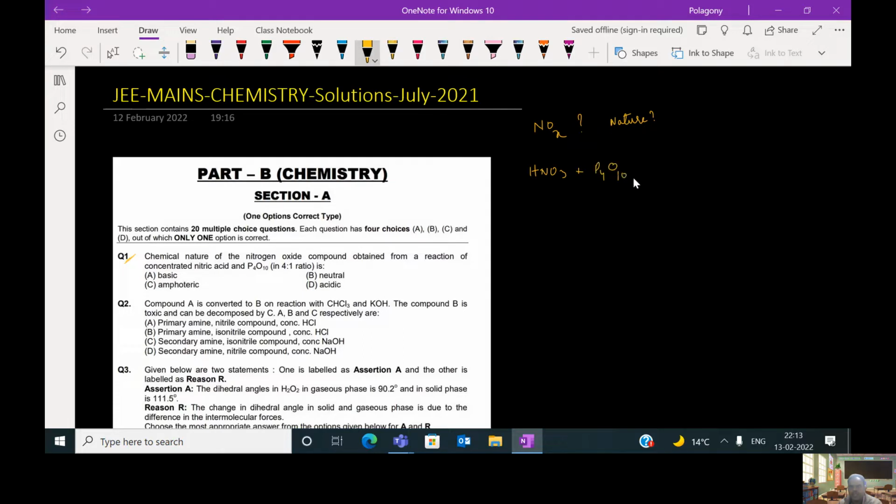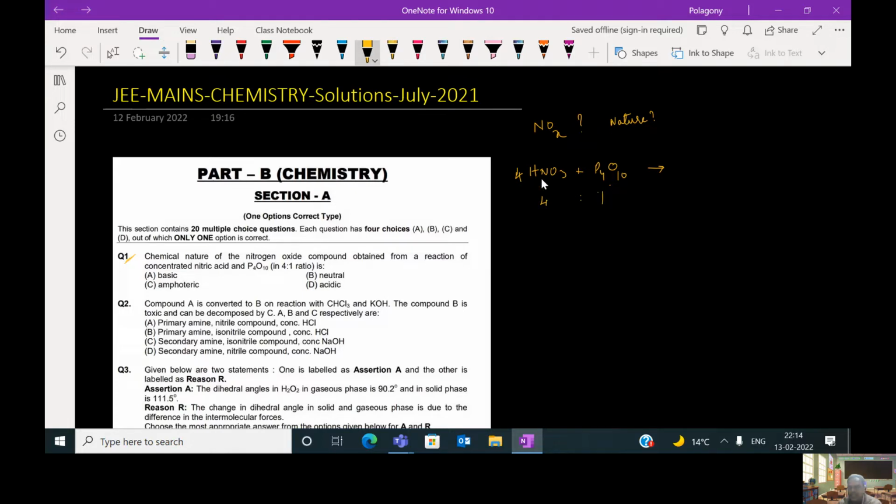P4O10 is the anhydride of phosphoric acid. When this nitric acid reacted with this oxide of phosphorus, what happened? I mentioned the 4:1 ratio, 4 moles versus 1 mole.